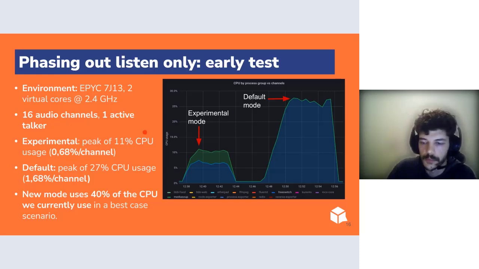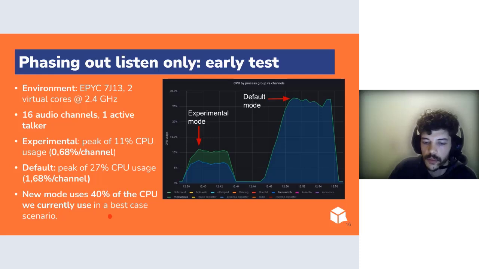The new experimental mode, where the listen-only mode is transparent to the end user, reached a peak of 11% CPU usage, so 0.68% per audio channel, which is this one on the left. And the default mode, the mode we use nowadays with everyone having a channel on FreeSwitch, reached a peak of 27% CPU usage, so 1.68% per channel. Well, it's 1% more CPU usage per channel.